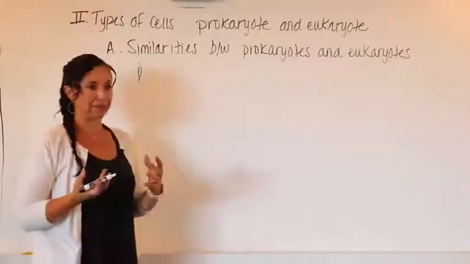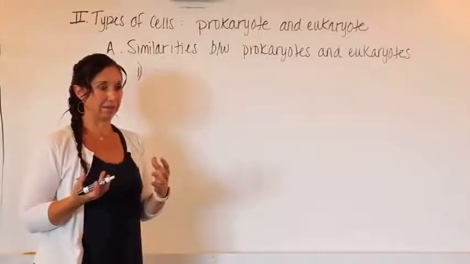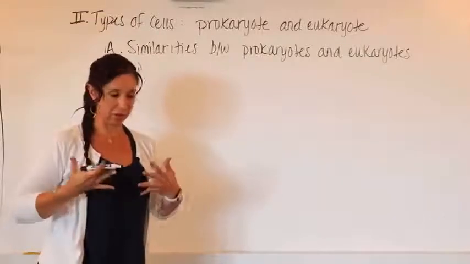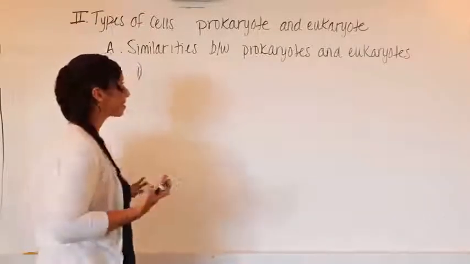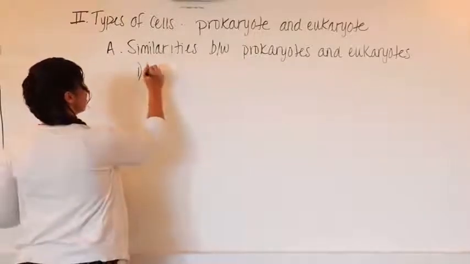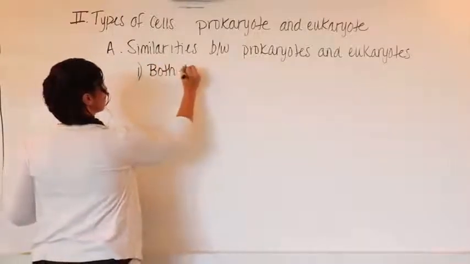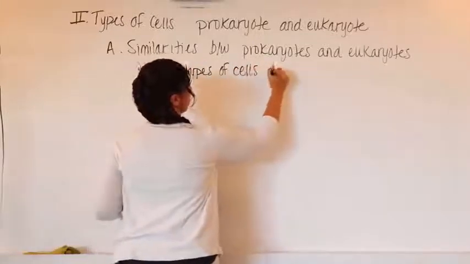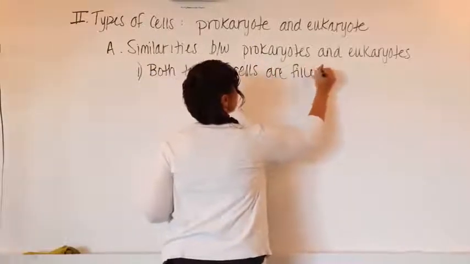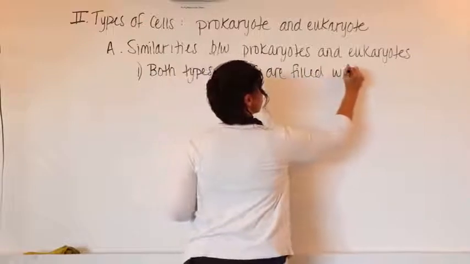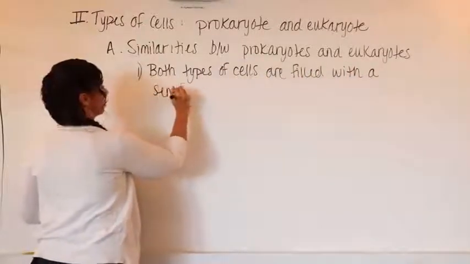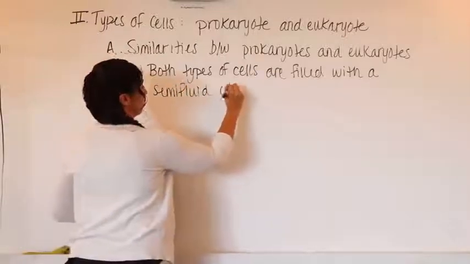It's almost like it would be equivalent to our blood, if you will. Like we're just filled with the liquids that are within our body. That's essentially the same thing. So both types of cells are filled with a semi-fluid called cytosol.